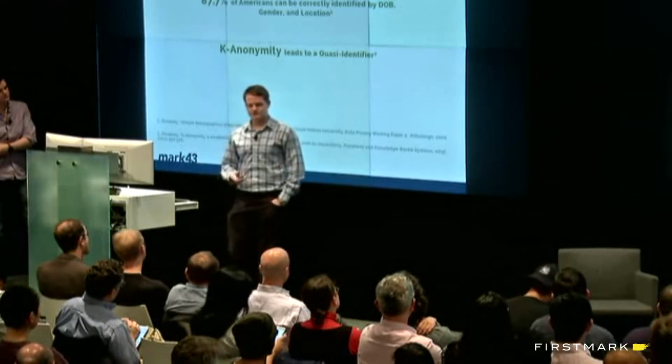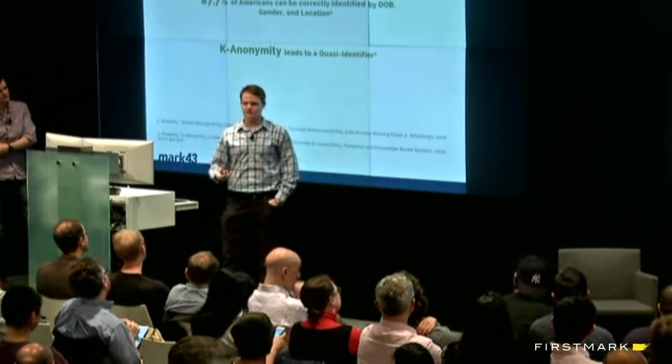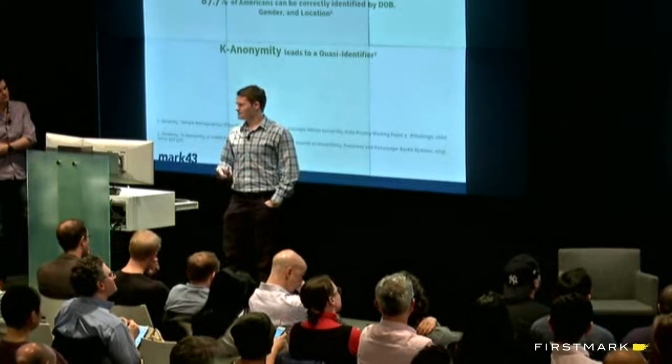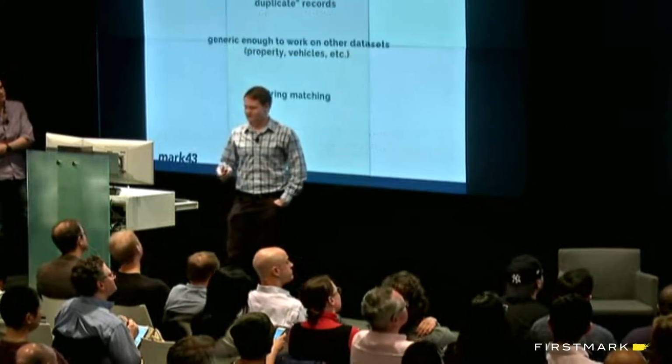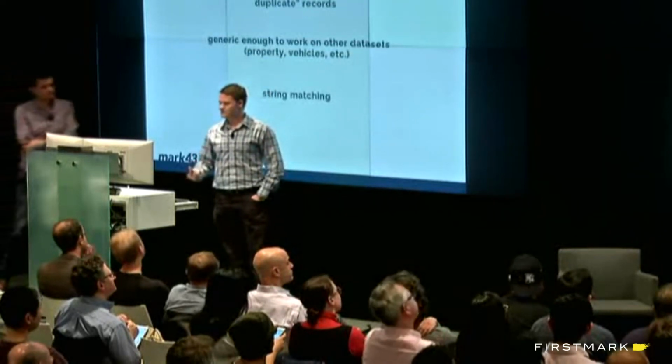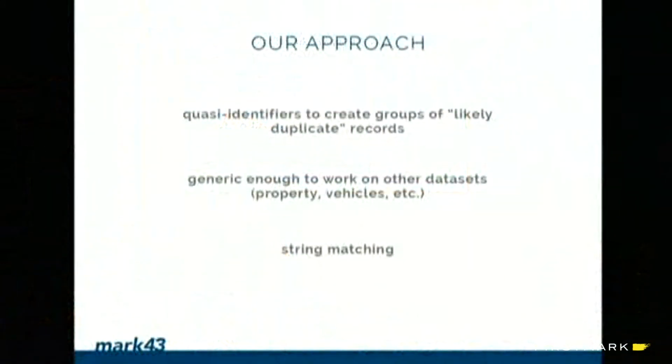And so we looked at these results and additional research and decided what could we do about this. And our idea was to take quasi-identifiers of the data sets to create likely duplicate groupings and then put these in a queue and allow for the law enforcement officials, the appropriate authorities, to essentially mark them as merged, or rather, not merge them, but link them, or mark them as unique records.